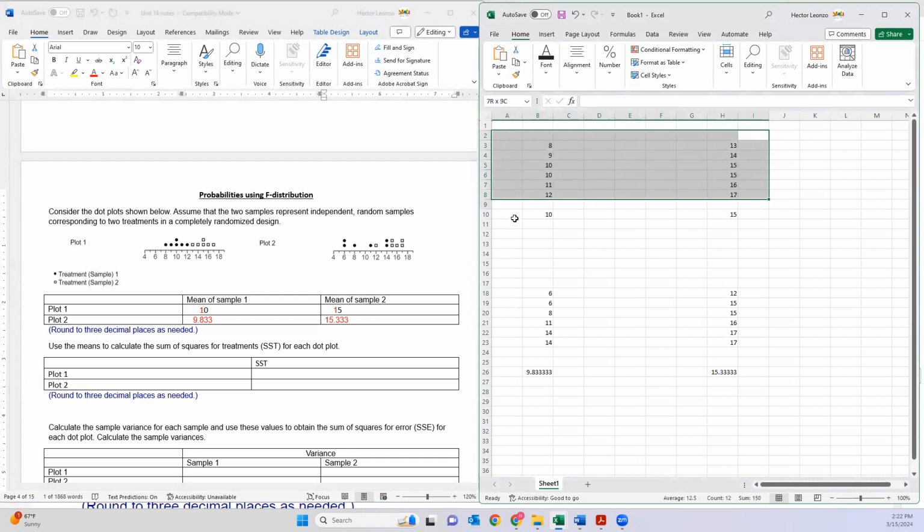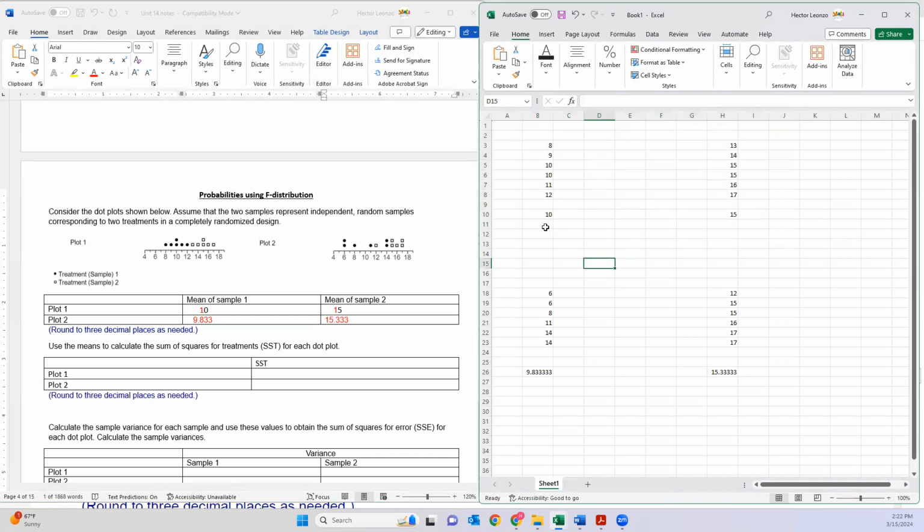So remember, my plot 1 are these numbers on the top. Looking at plot 1, I would like to know what's the average. So what's the average of all the numbers in there, whether they're sample 1 or sample 2. So I want to know what's the average of plot 1.